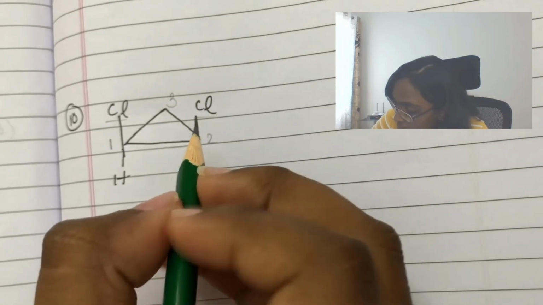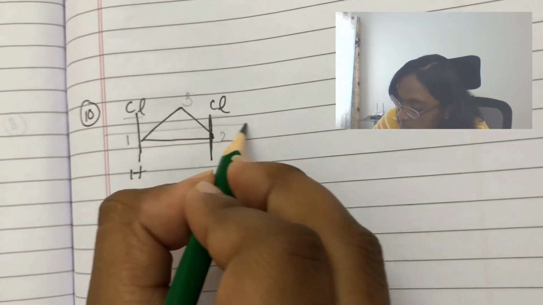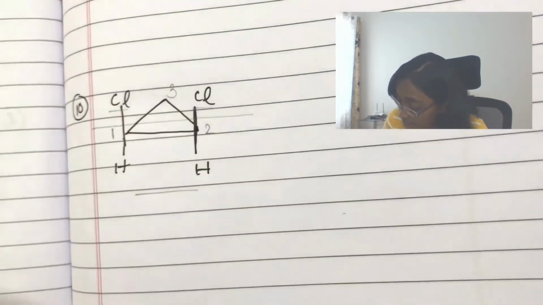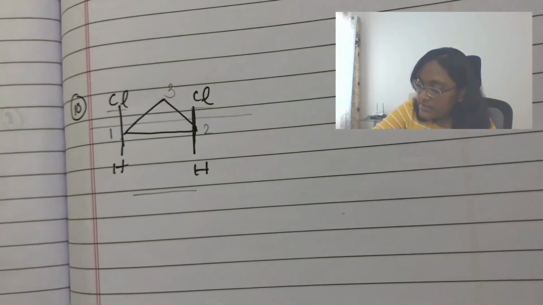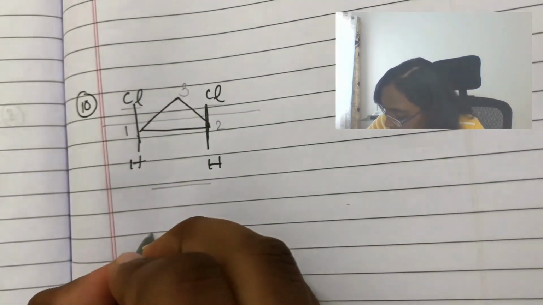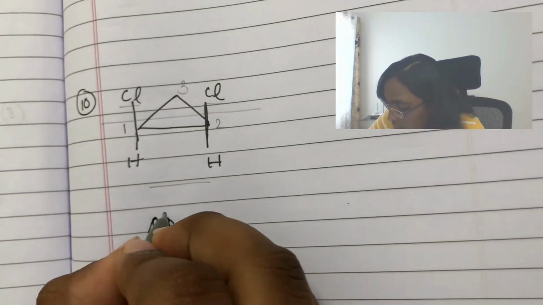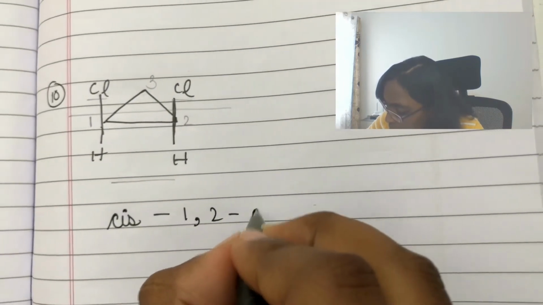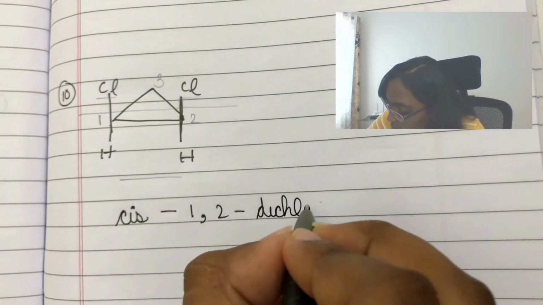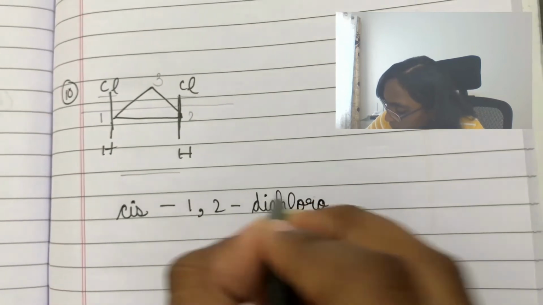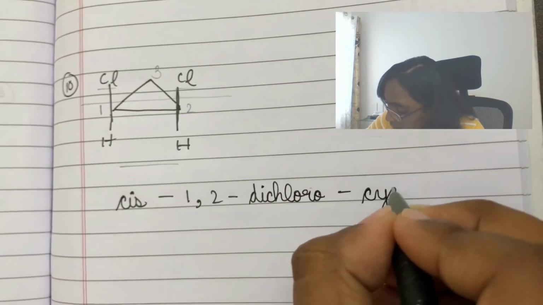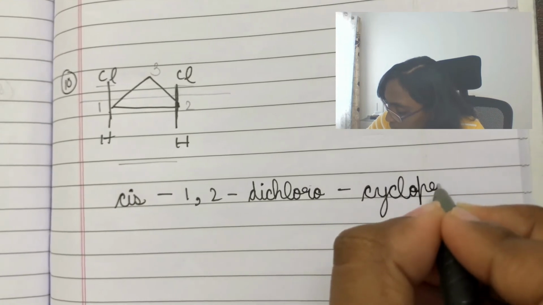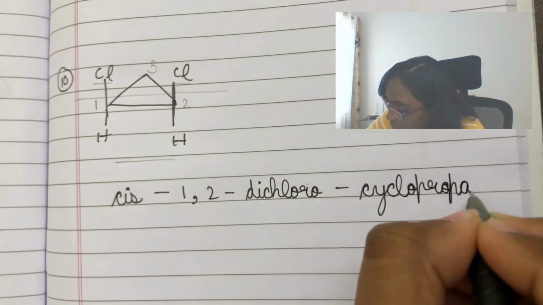Since both the chlorine groups lie on the same side of the plane, the answer would become cis, since it is on the same side. Cis-1,2-dichlorocyclopropane. Thank you.